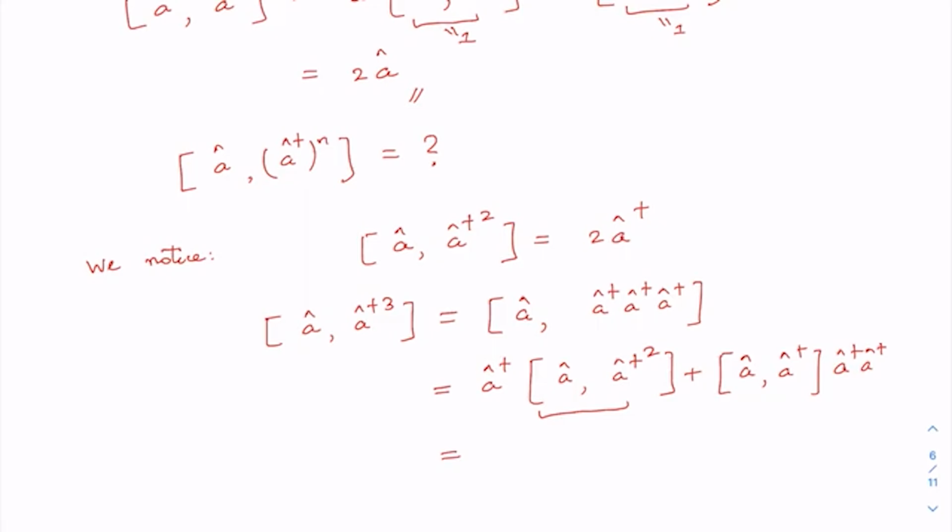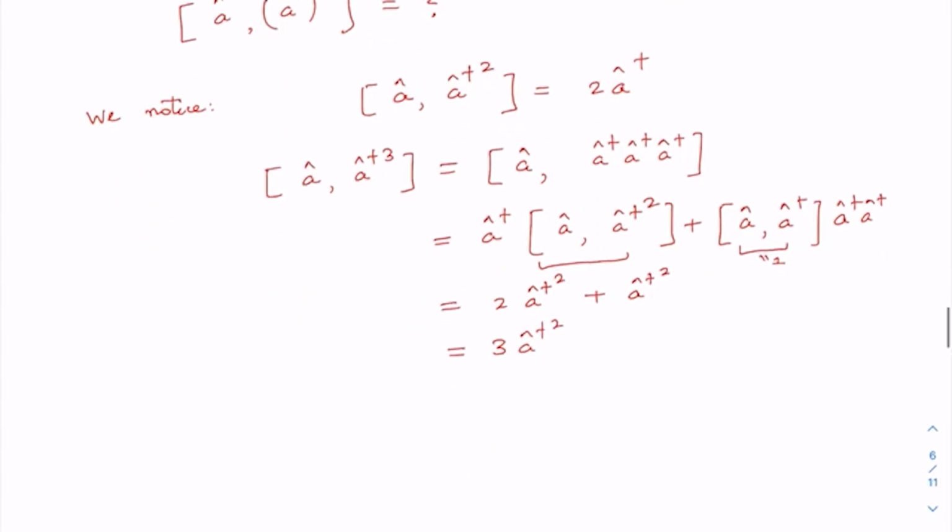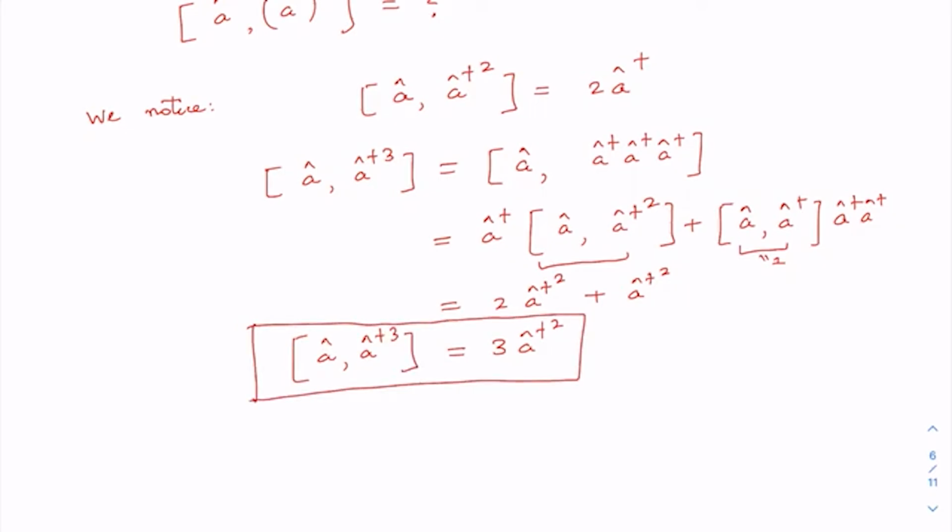So therefore we will have twice a†² here, and here we have [a, a†] equal to 1, so we will have a†², which will give us 3a†². So we have [a, a†³] is equal to 3a†².